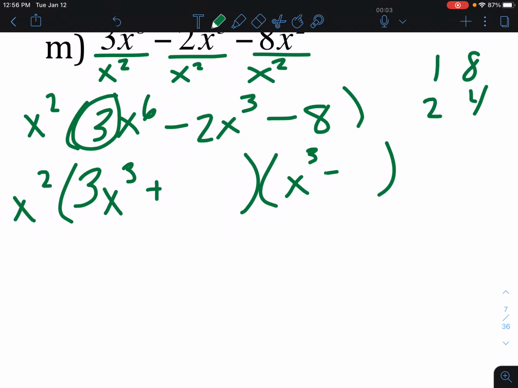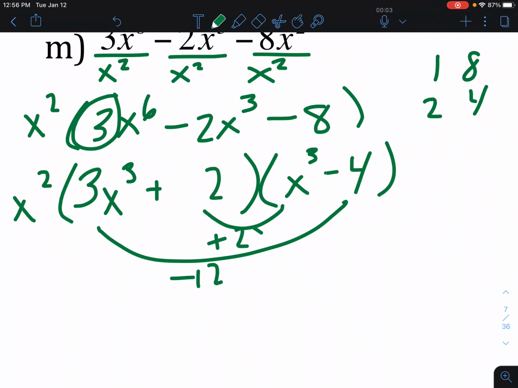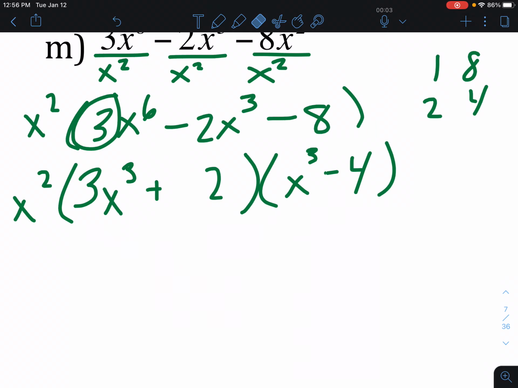So I'm going to try 2 and 4 first. If I check, multiply the outsides, and then multiply the insides, they add up to negative 10. So that doesn't work. I need them to add up to negative 2. This might not be factorable, actually.